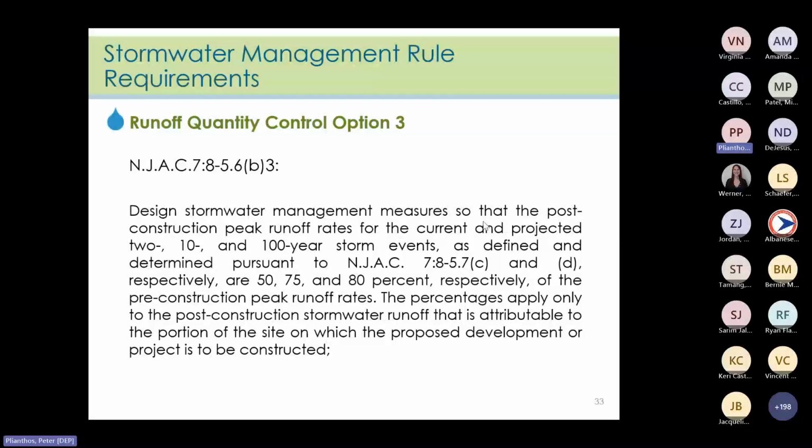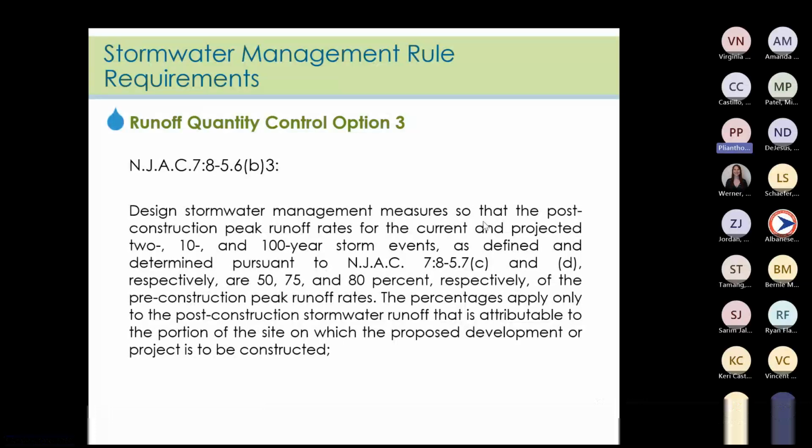The third runoff quantity control option, shown here, is similar to option 2 in that it is a comparison of the current and projected peak runoff rates for the pre- and post-construction hydrographs.